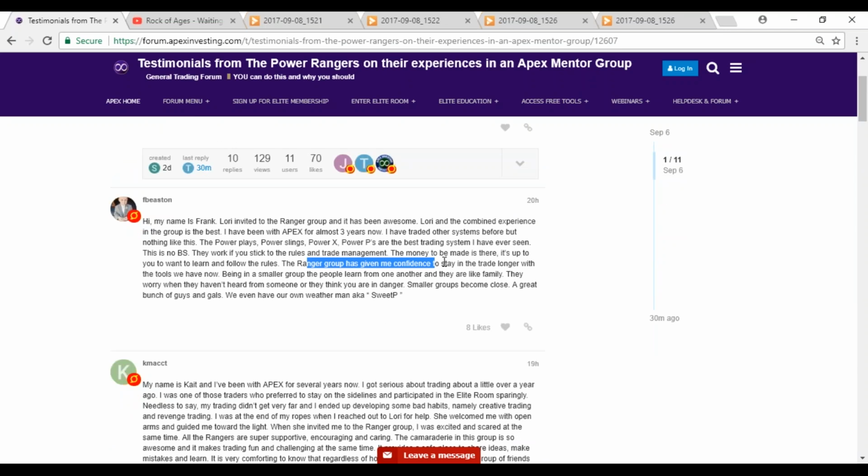It's given me the confidence to stay in a trade longer with the tools I have, being in a smaller group, people that can learn one-on-one together. We're like a family, and they worry when they don't hear from someone or they think someone's in danger. These smaller groups become close, and we're a bunch of guys and gals that are not just trading, but friends.